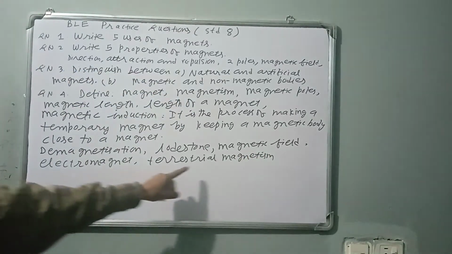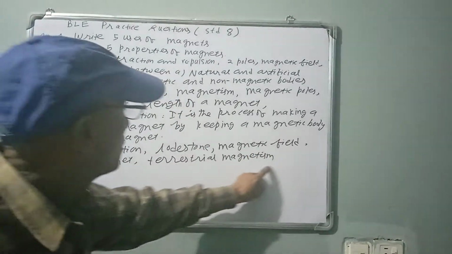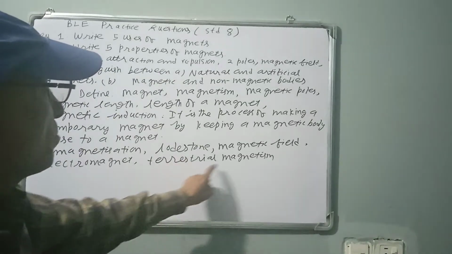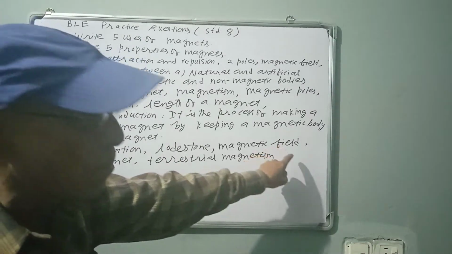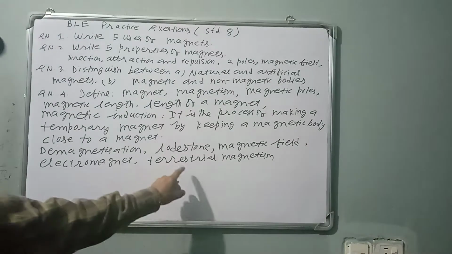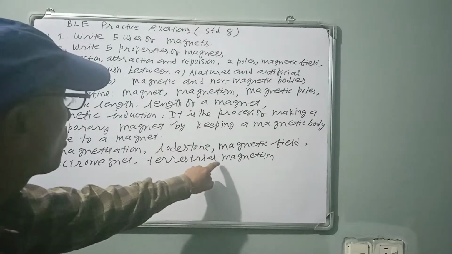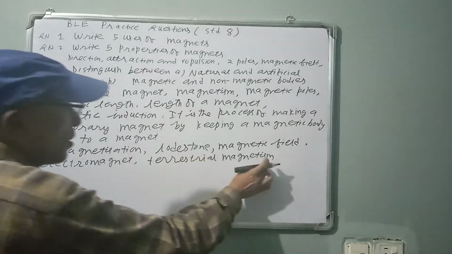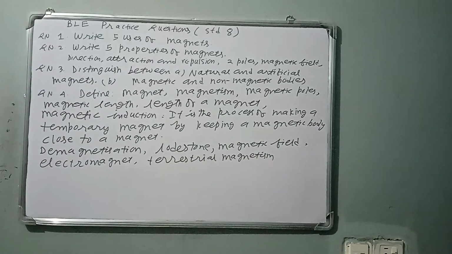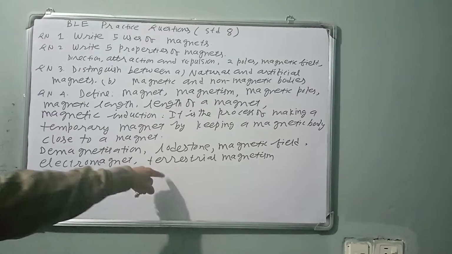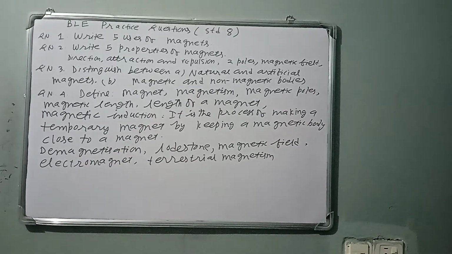This word is a little bit different to you. Terrestrial magnetism is the property of the earth as a powerful magnet. Reason: there is a continuous flow of electricity inside the earth's crust. So the earth also behaves as a powerful magnet, and this is called terrestrial magnetism.